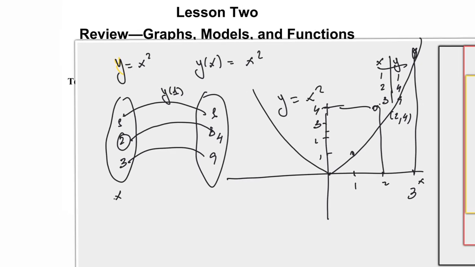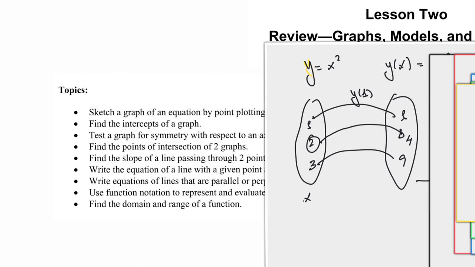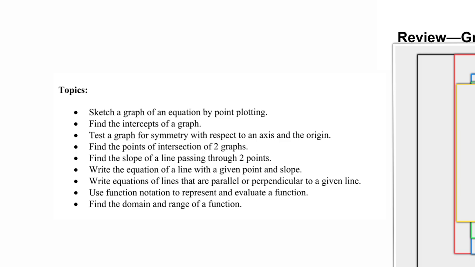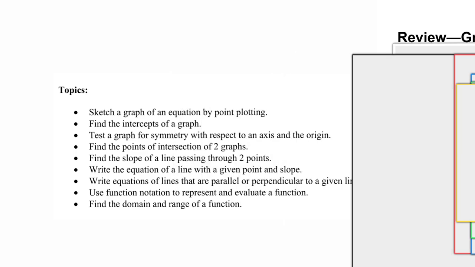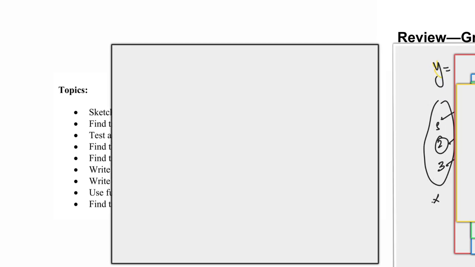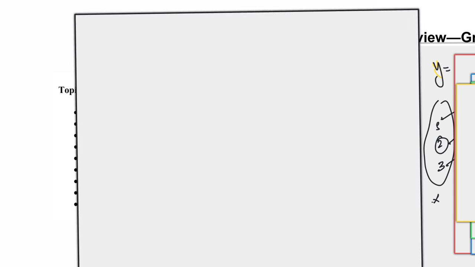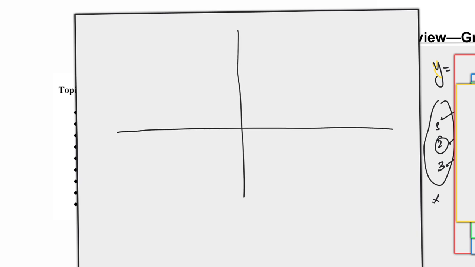What is the second thing that we will do? We will find the intercepts of a graph. The intercepts to what? To the x-axis and to the y-axis. For example, imagine that you have this graph.